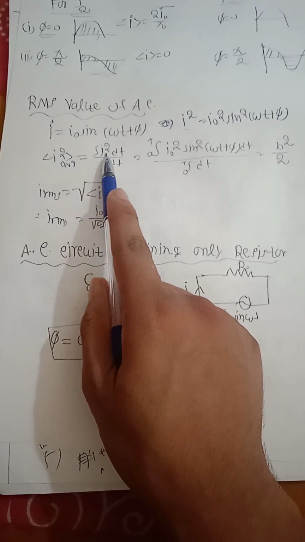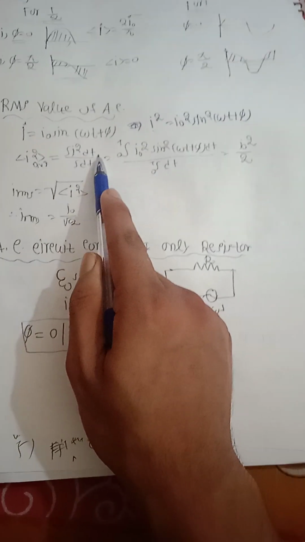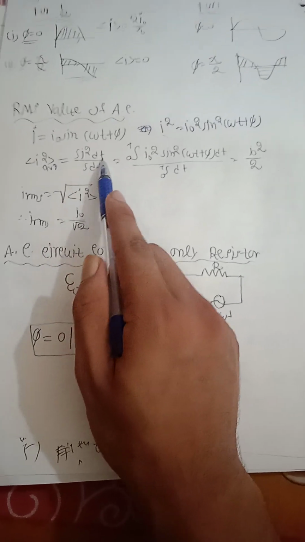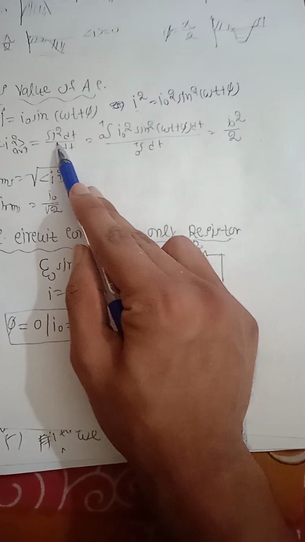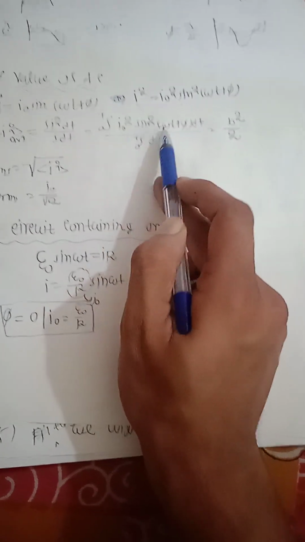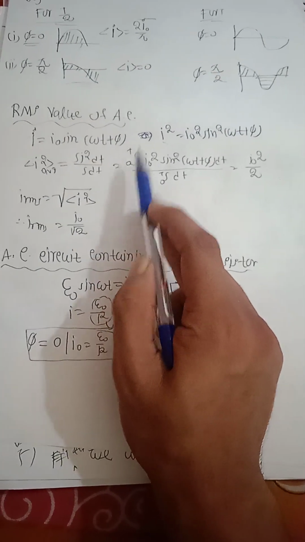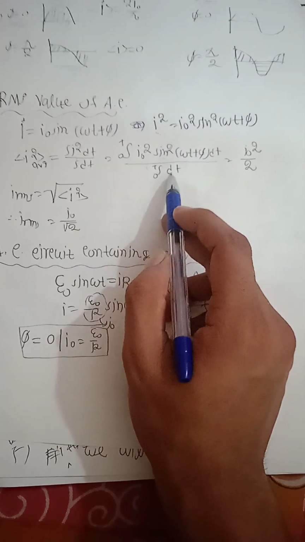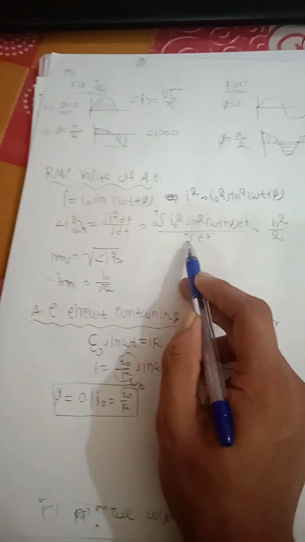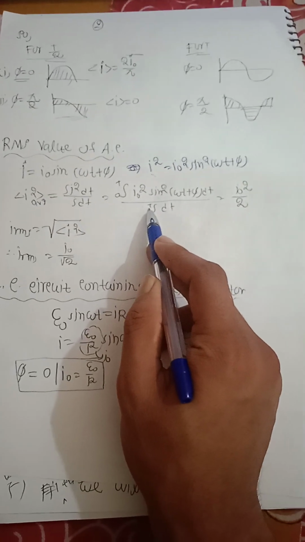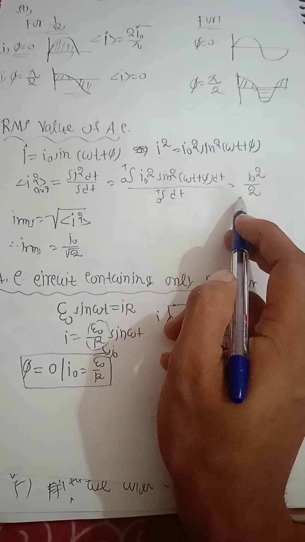Here we all know the format: integration of I squared dt by dt. I squared is I naught squared sine squared of omega t plus phi, and the integration is from 0 to the total time period T, divided by the integration of dt from 0 to T. If we do the integration, we get I naught squared by 2.